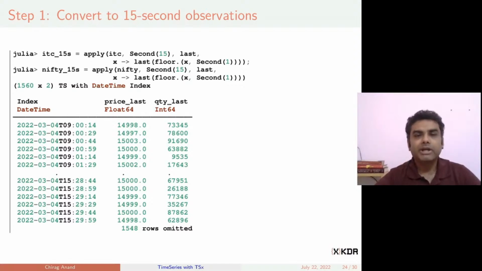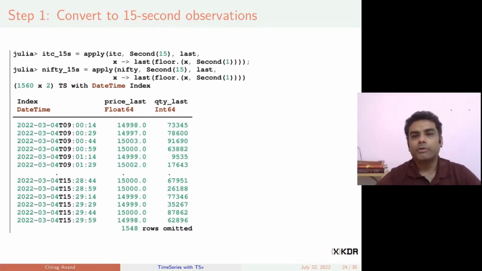The third argument is the function which we provide to pick the observations in each group. Here again we are providing last. It will pick the last observation of each 15-second group. The last argument is index_at, which decides the value to be used in the index for the value which has been picked up from the group.